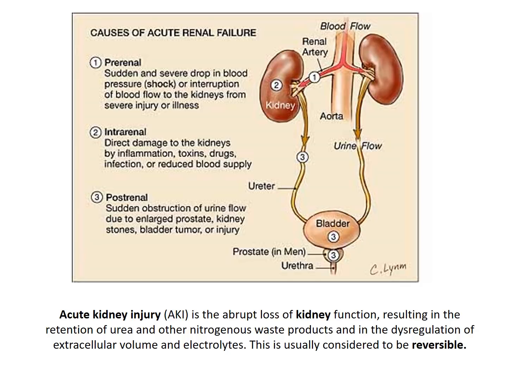AKI is an abbreviation for acute kidney injury, which stands for abrupt loss of kidney function. And if acute kidney injury leads to 3 months or longer of persistent renal dysfunction, then we can state that the individual has chronic renal disease.